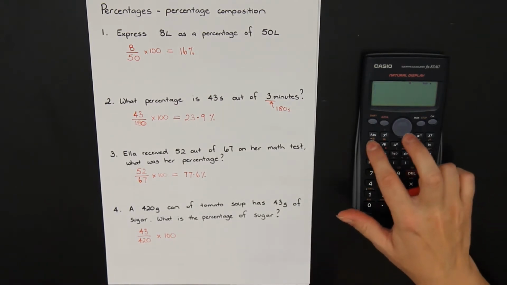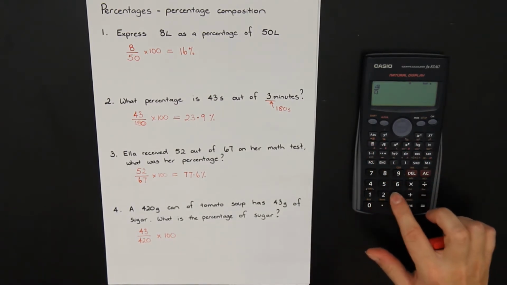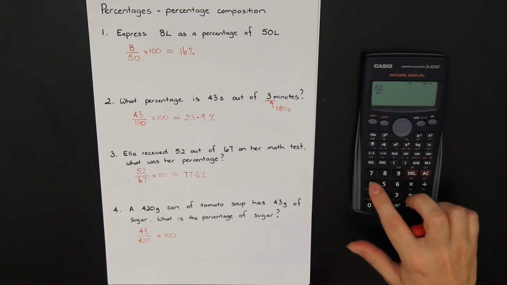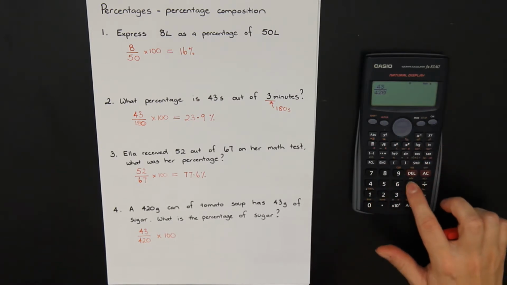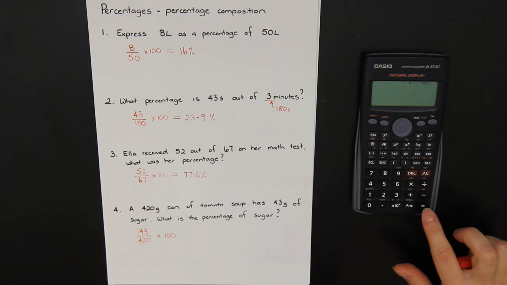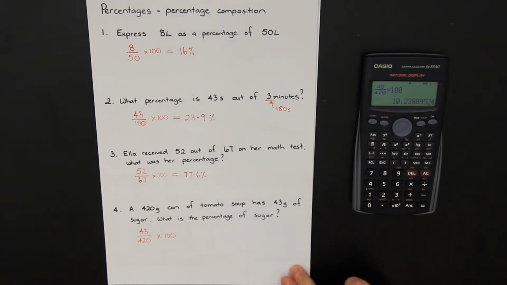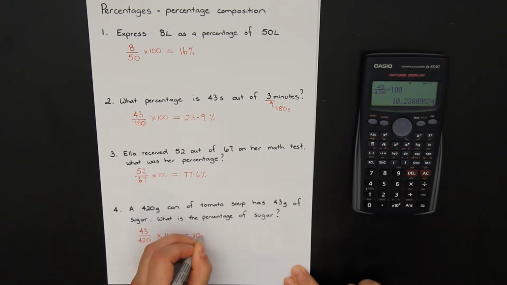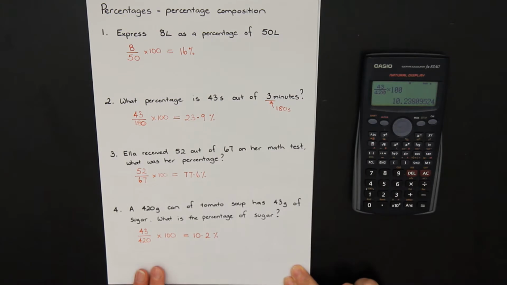Okay, in the calculator, fraction button, 43 over 420 times by 100 to one decimal place. That is 10.2%. Okay, hopefully that's making sense.